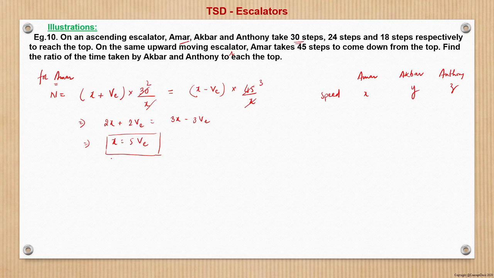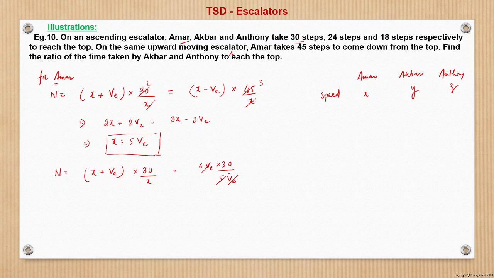So from here, first let us find the number of steps. N will be (x plus VE) into 30 by x, and x is nothing but 5VE. So we can say 6VE into 30 upon 5VE.